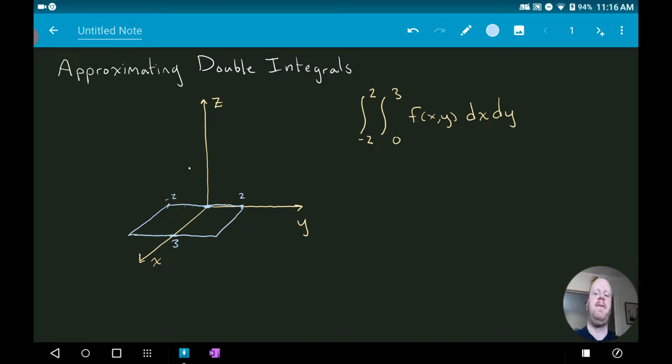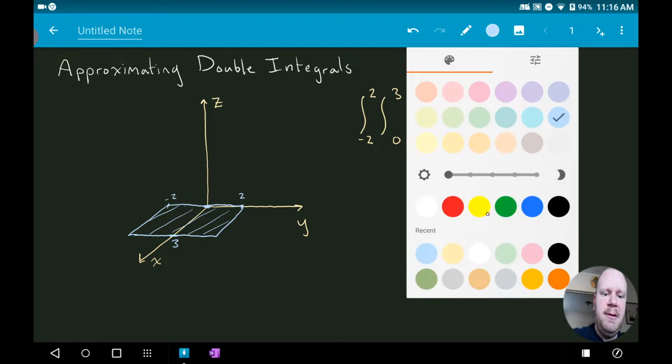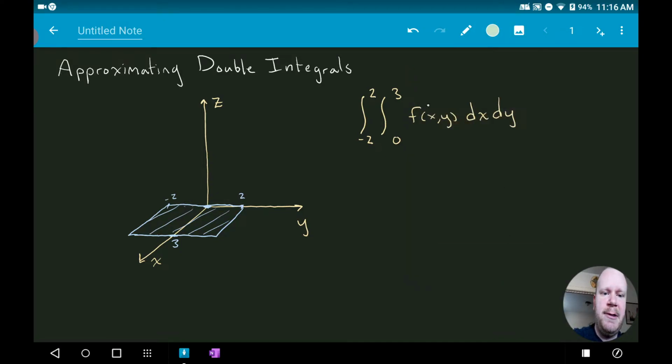All right, so that's what's on the floor. That's our projection of our solid. This f of x and y piece here, I'll fill in that region. This f of x and y piece here is our surface. So this double integral, once we solve it, this whole thing represents the volume under the surface over this region.